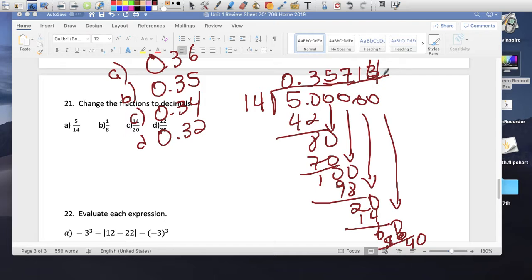Now into 40 it goes 2 times. Okay, so we're going to stop. On the test, you probably see multiple choice rounded to a certain number, to the nearest hundredths or thousandths. So definitely don't have to go that far. But so that one I would just say 0 point, rounded to the nearest hundredth, 0.36.